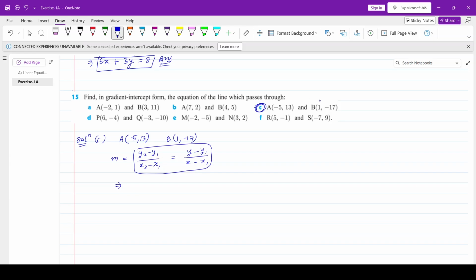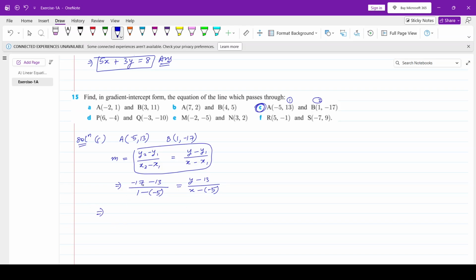Now suppose this is point 2, this is point 1. Point 2, y2 is minus 17, minus y1, which is 13, divided by x2, which is 1, and x1, which is minus 5. We can write it in this form: y1 is 13, x1 is minus 5.